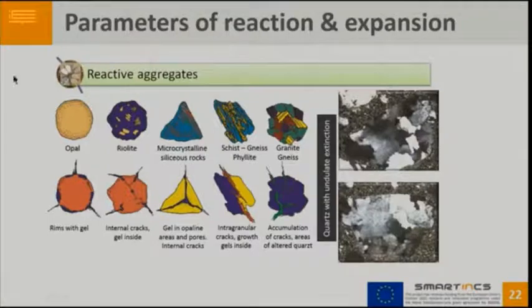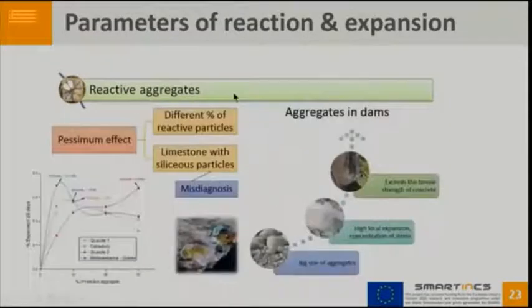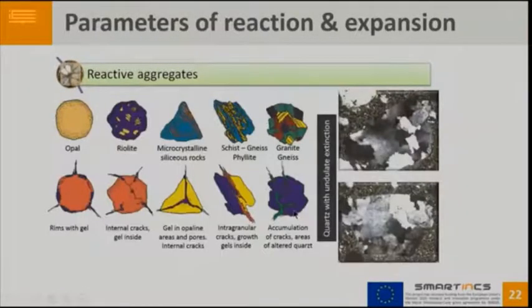But when we have some phases and only part of them are reactive, in this case, the ions need to enter and look for the potentially reactive phases to form silica gel.